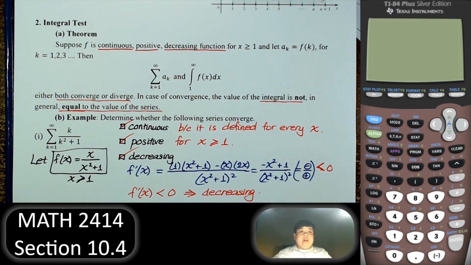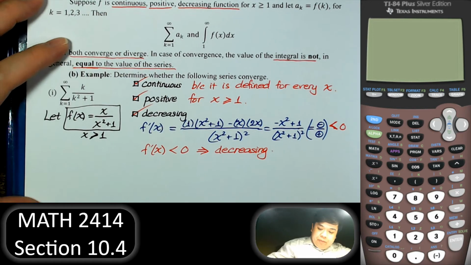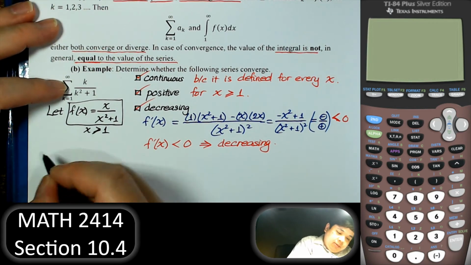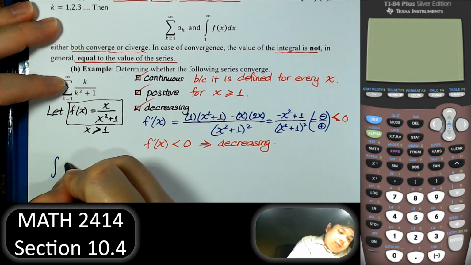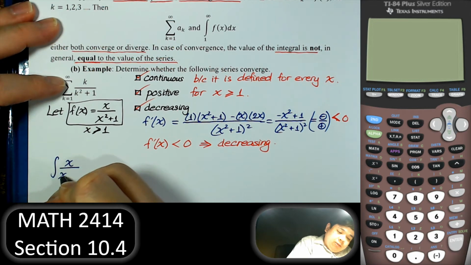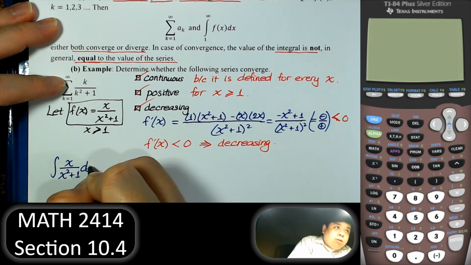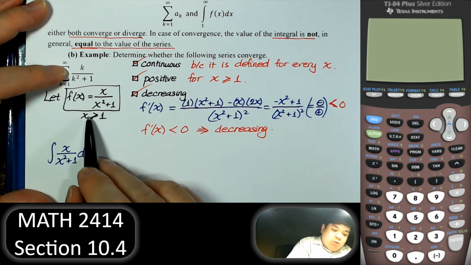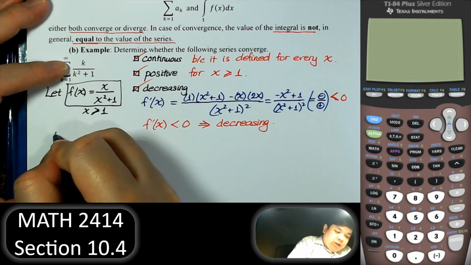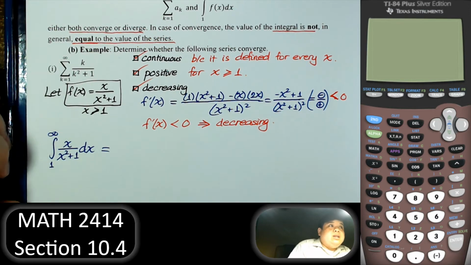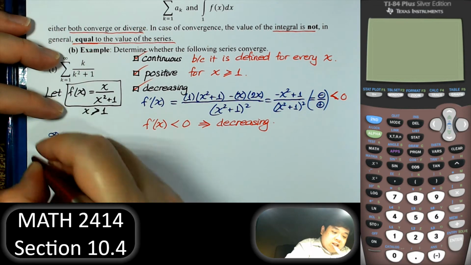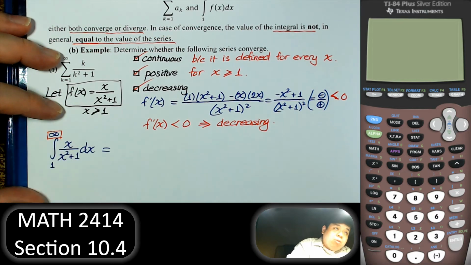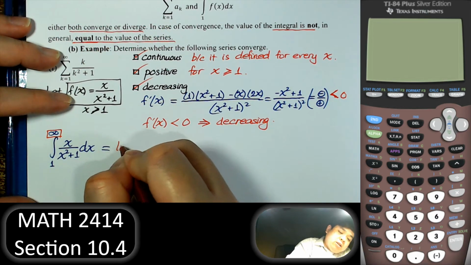There's another way where we don't have to do it. And now we just integrate. What will be the limit though? x is greater than or equal to 1, so we go from 1 to infinity. Now, this in section 8.9 is an improper integral, so replace that with the limit.